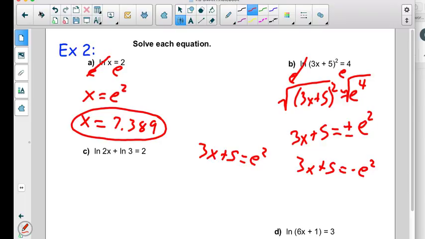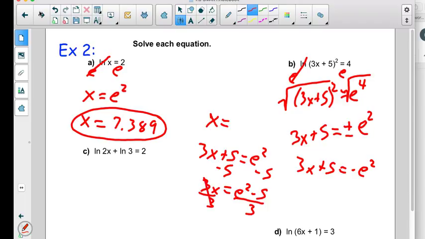How do we get this x by itself? Minus 5 first. 3x equals e squared minus 5. I wouldn't plug this in your calculator yet. Then divide by 3. So what do you get for x in this equation?